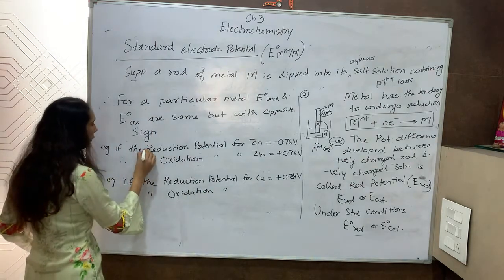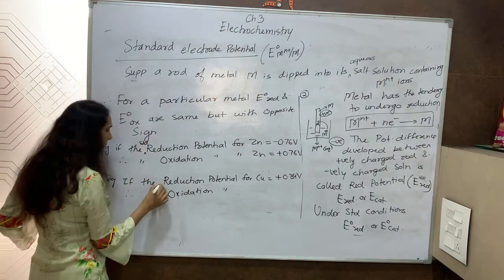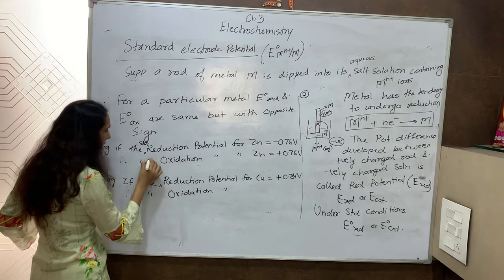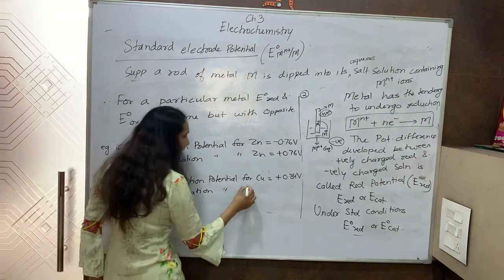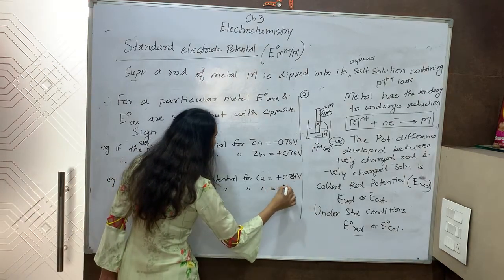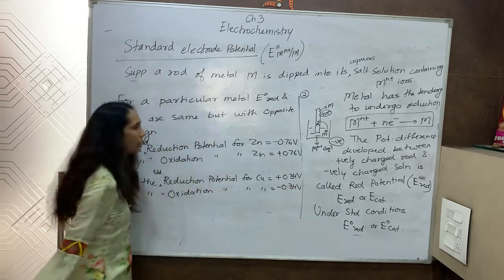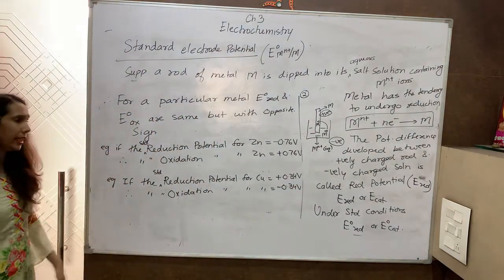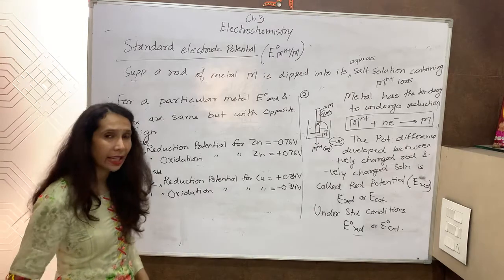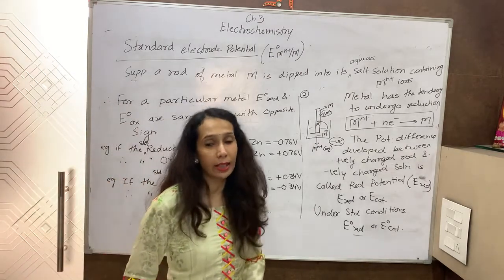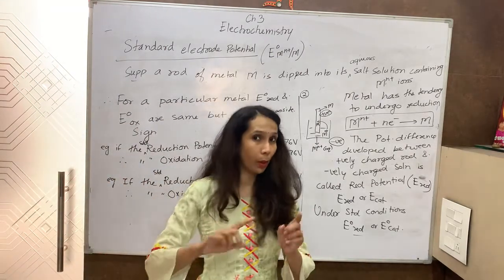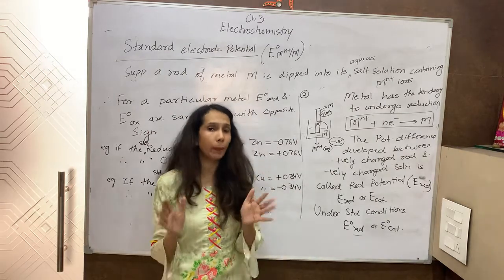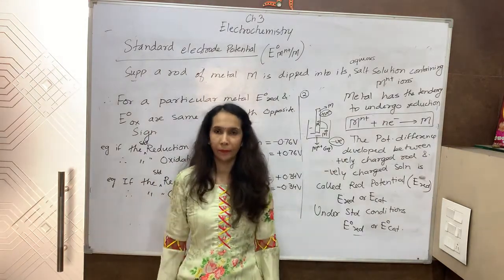I am writing the values for standard conditions, so all are standard values. So you can see that the standard oxidation potential is equal to the standard reduction potential for a particular metal, with opposite sign.